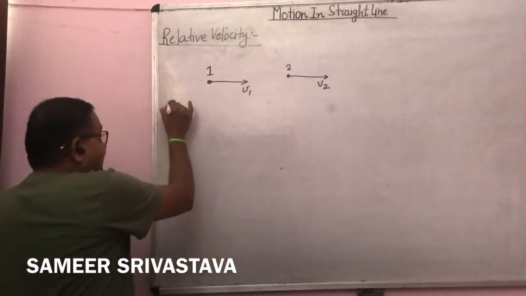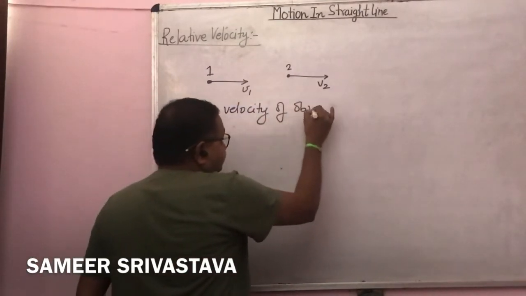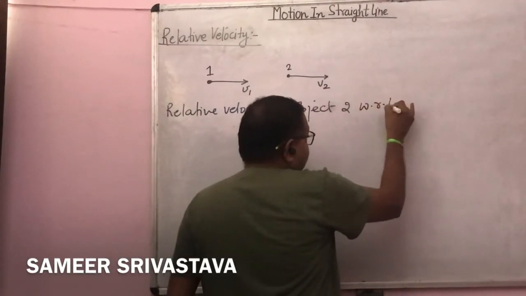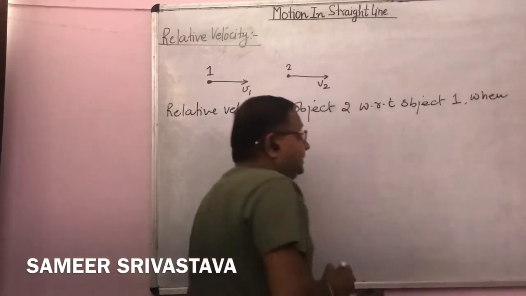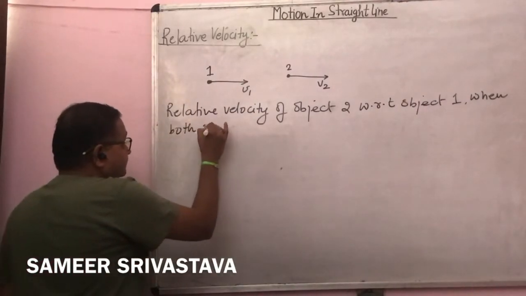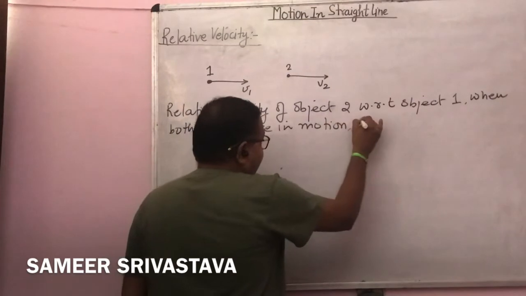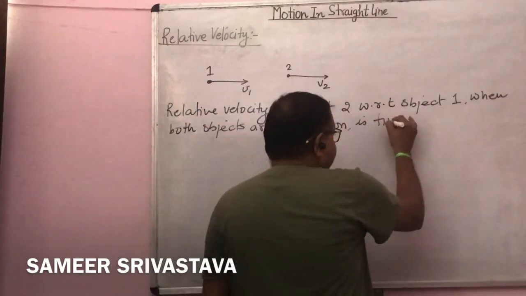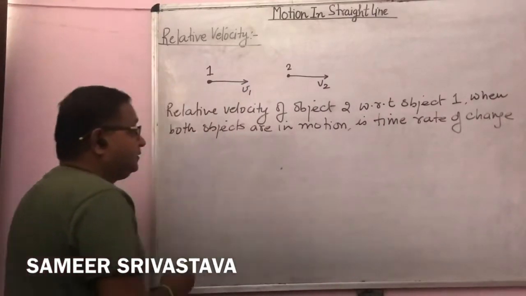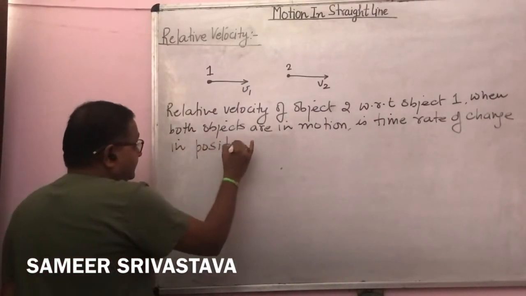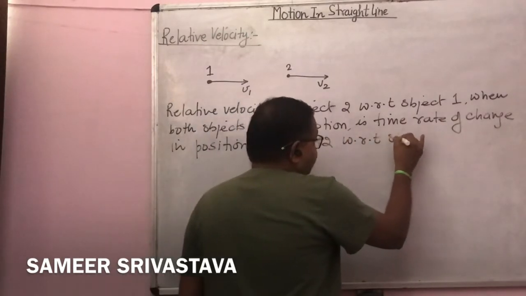So the relative velocity of object 2 with respect to object 1, when both objects are in motion, is the time rate of change in position of object 2 with respect to object 1.